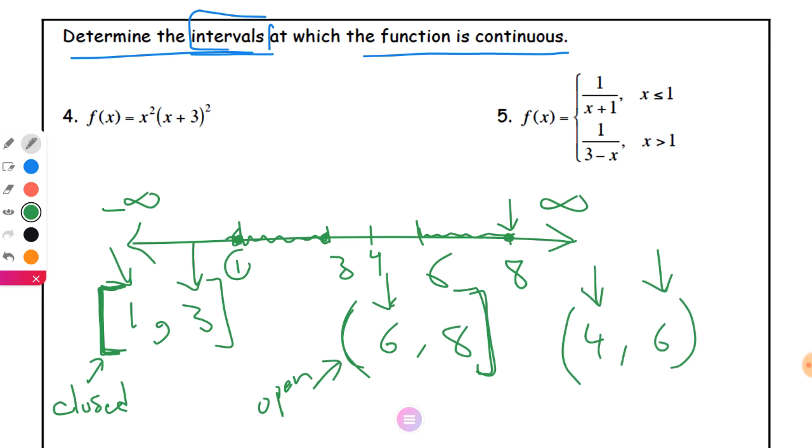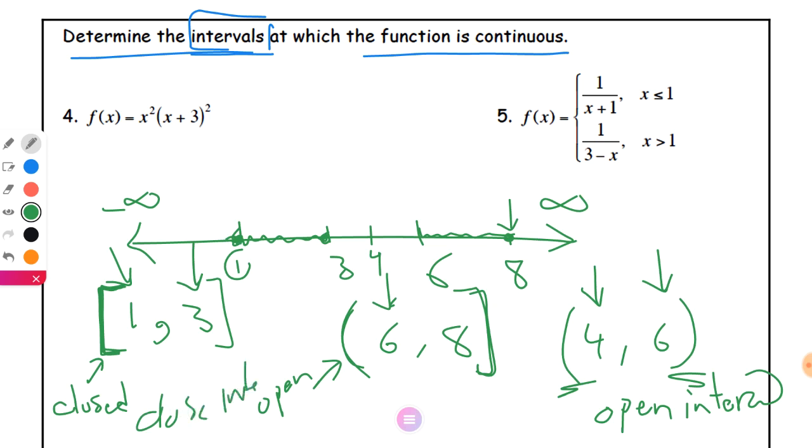That is how to represent sets of numbers or groups of numbers on the number line using an interval. This is called an open interval, and that is a closed interval.